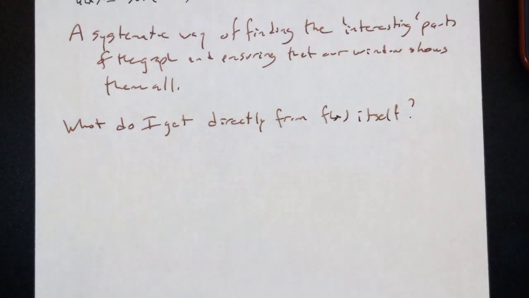So before I do any calculus at all, what information can I get directly from f of x without any sort of calculus work? Sure, I can get a y-intercept. I might even be able to get x-intercepts. So I can get intercepts.